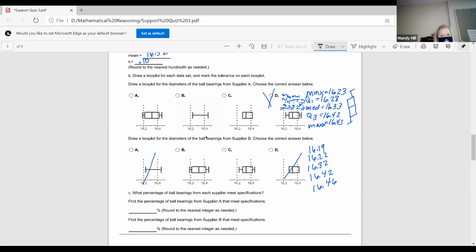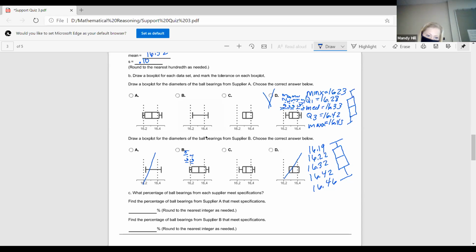Because I actually have, this is my whisker, and this is a whisker. And then the middle numbers make up the box. So I'm looking for, on B, it's possible that this line right here could be 16.19, because that dotted line is 16.2, so that makes sense.